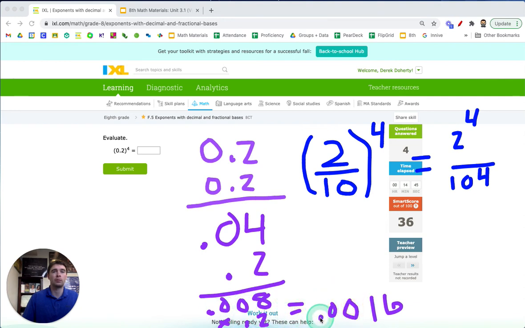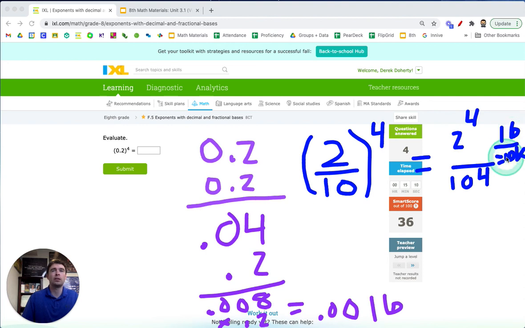And just to pull everything together from this assignment here, if you had done 2 to the 4th over 10 to the 4th, you would have been getting 16 when you do 2 to the 4th, and you would have been getting 10,000 when you do 10 to the 4th. I can't really fit that 10,000 there. We're going to call it 10K for 10,000.